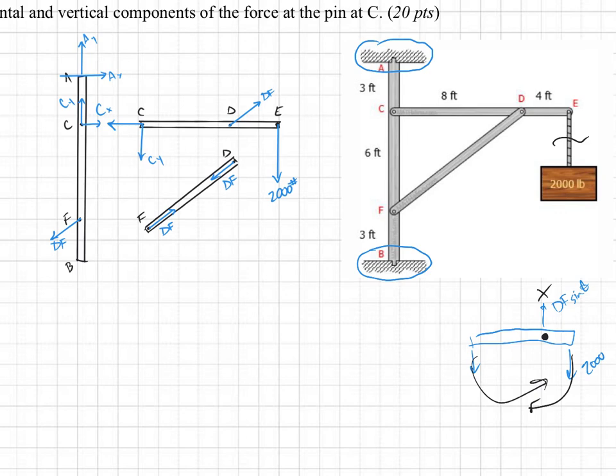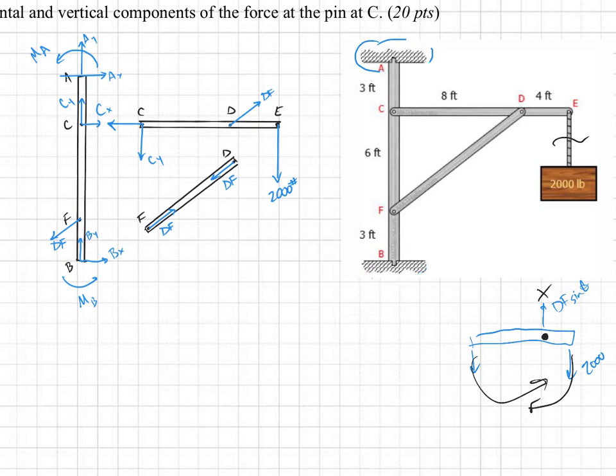And then it's got a moment, which I'm just going to go ahead and draw counterclockwise, MA, right? And then at B, I've got the same things. I've got BY, I've got BX, and then I've got a moment going counterclockwise, okay? And that's how we set this thing up.